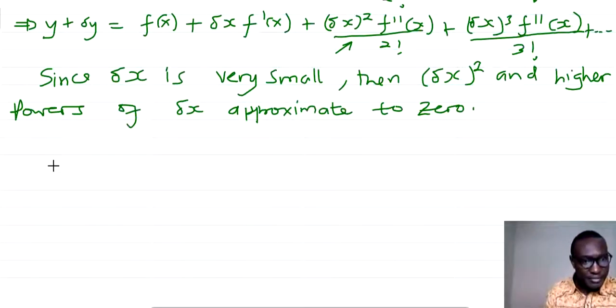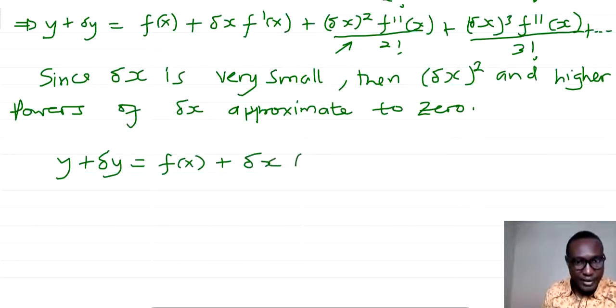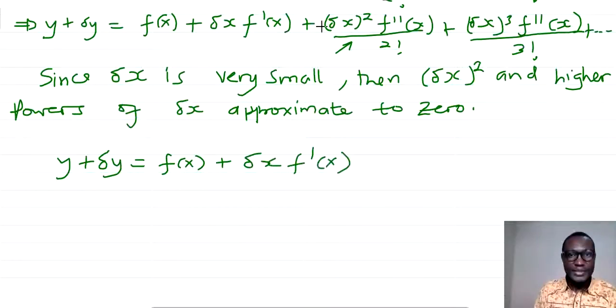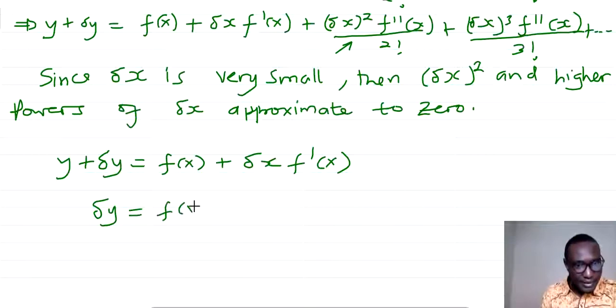So we shall remain with y plus delta y giving us f(x) plus delta x f'(x). The terms which follow are now zeros because of this reason. Now we are interested in the errors in this differentiable function, so y will have to cross to this side. We shall remain with delta y being equal to f(x) plus delta x f'(x) minus y.